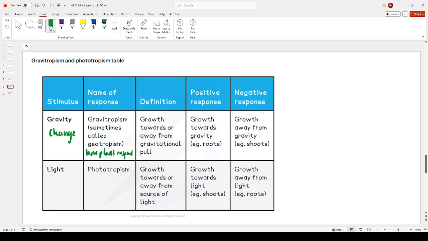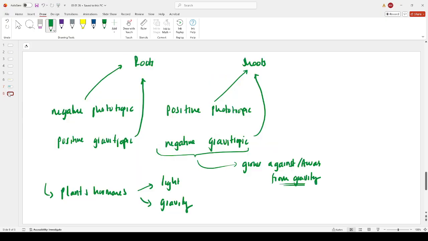What is the positive response? Growth towards gravity. And what is the negative response? Growth away from gravity. So for roots, they have a positive response, as we just discussed, and shoots have a negative response. It's the same thing, just in a table almost. Do we understand what's going on here? Cool. Okay, let's move on.